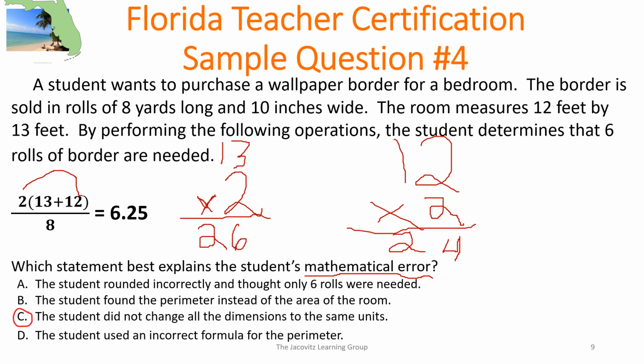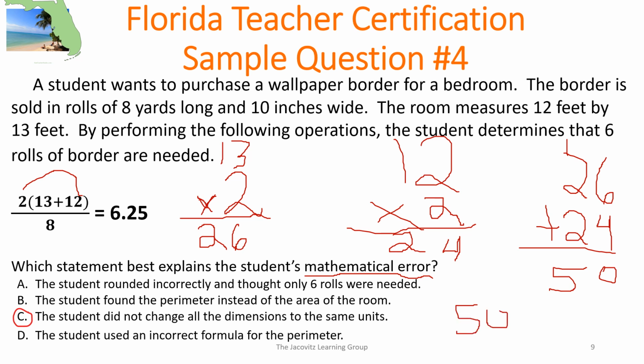And so you have 24 and 26, 26 plus 24 is going to be 50. And then you're going to divide 50 by 8. Do your math, put it on a calculator. Your answer is 6.25. Did the student use a perimeter problem? No. He used area. D's out.